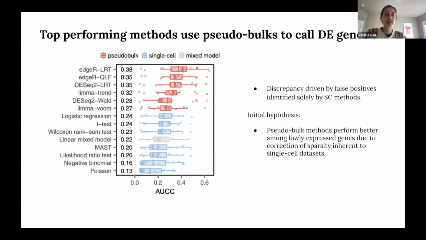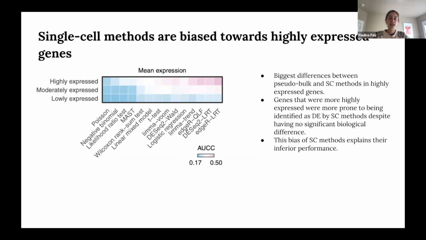To test this, they separated genes based on their level of expression. Contrary to their hypothesis, they found that the biggest difference between pseudobulk and single cell methods was in highly expressed genes. Looking at this row here, it has the biggest difference compared with the last row.